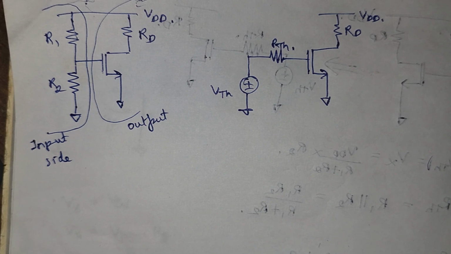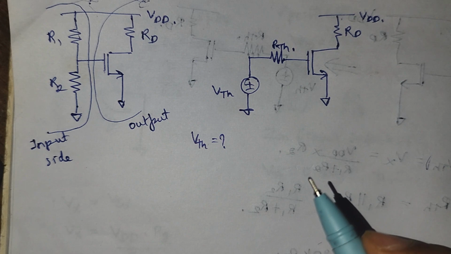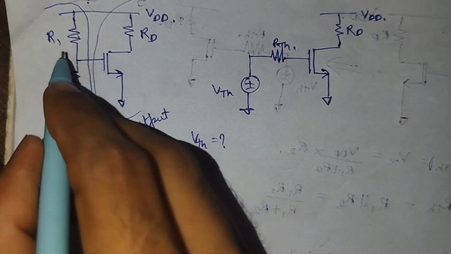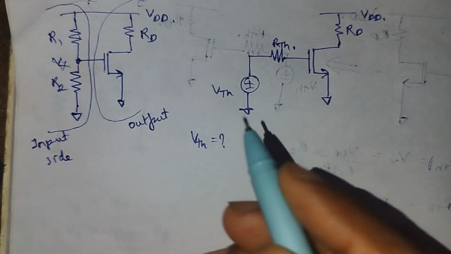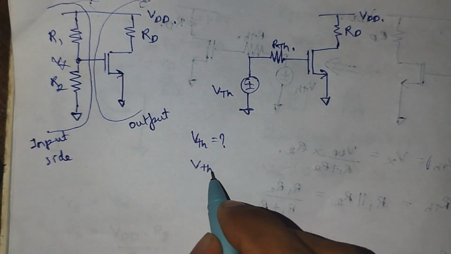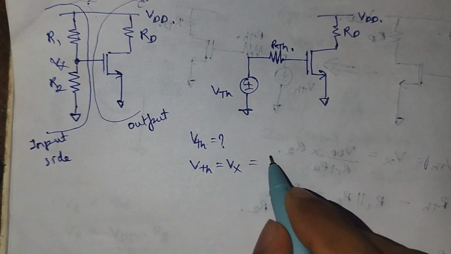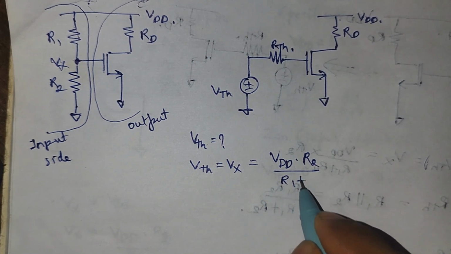To find the Thevenin's voltage, we have to find the node at which we applied Thevenin's theorem. That node is Vx, so Vth is nothing but Vx. That is how we find the Thevenin's voltage. Vx is equal to VDD into R2 divided by R1 plus R2.